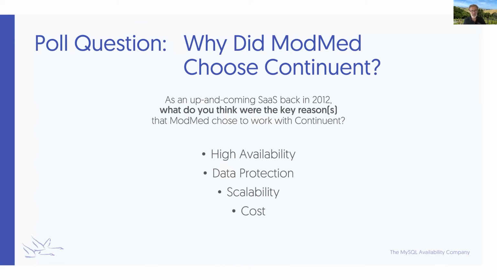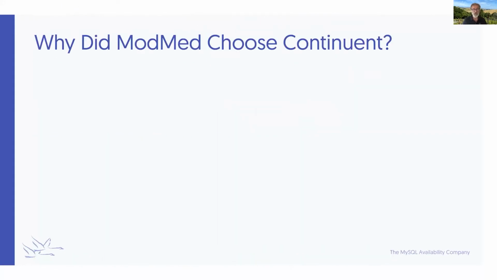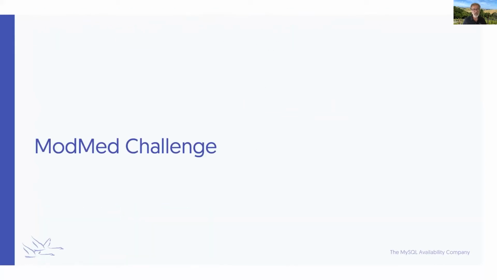All of these could have factored in, or maybe it was all of the above. In this case, as with many of our customers, we have quite a few software as a service vendors, and it tends to always come to all of these options. Let's talk about them one at a time.